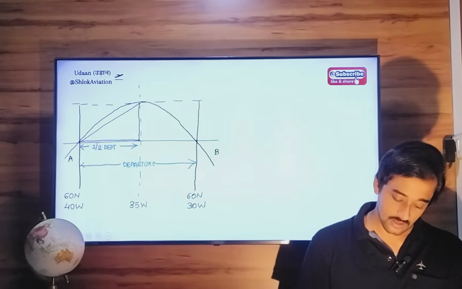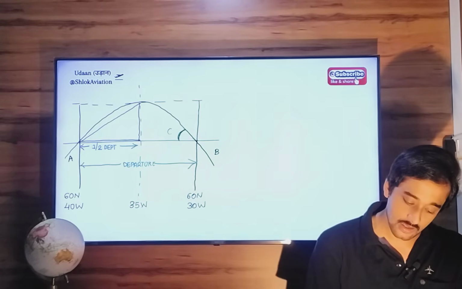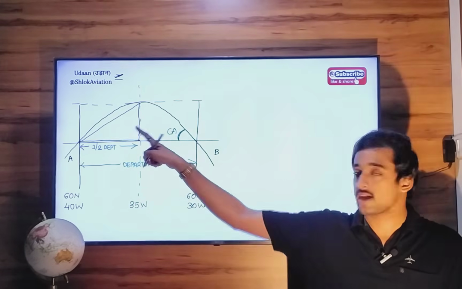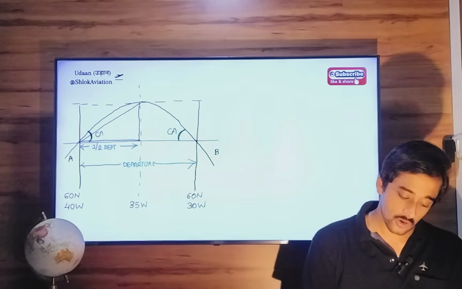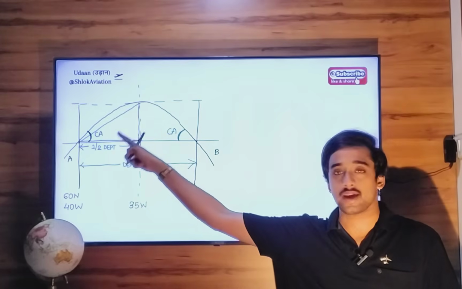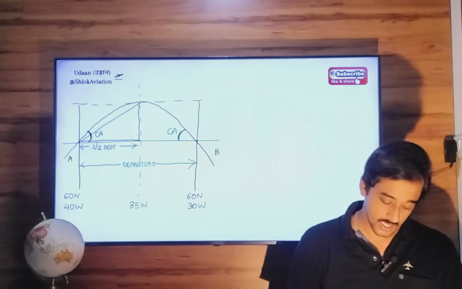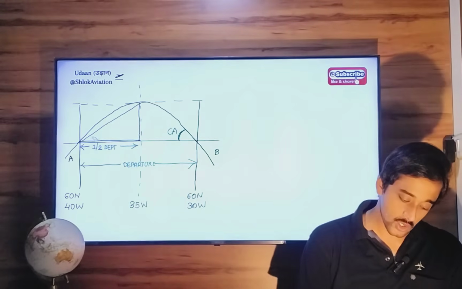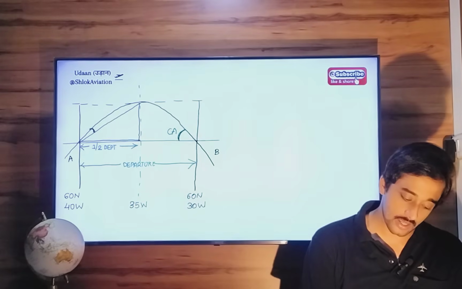Next, what will this be? This will be the complete convergency angle, and the same here. Now we have drawn a line through that convergency angle, so it gets divided into two parts: one part outside the triangle and another part inside the triangle.